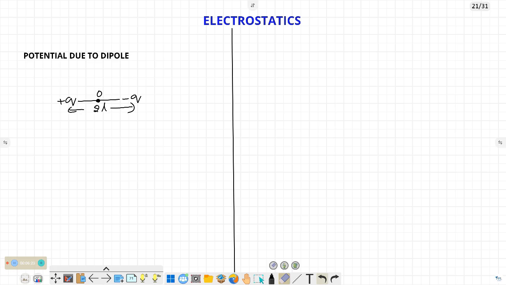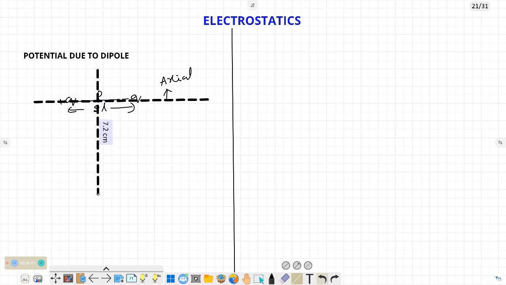Now we are going to discuss the potential at any point due to this dipole. There are two concepts here. The line passing through the axis of the dipole is called the axial line. The line taken normal to the center of the dipole is called the equatorial line.